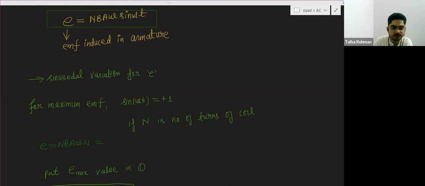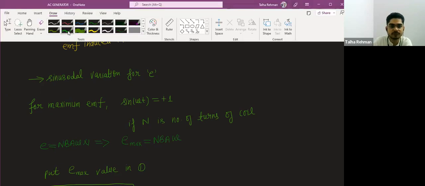So this will become E max. What is E max? The maximum EMF induced in the coil. So NBA omega will be the E max.